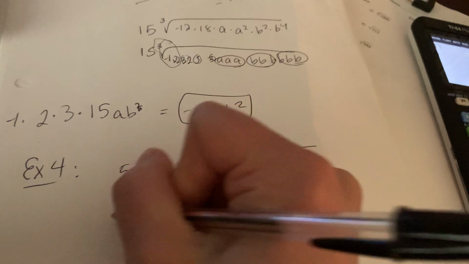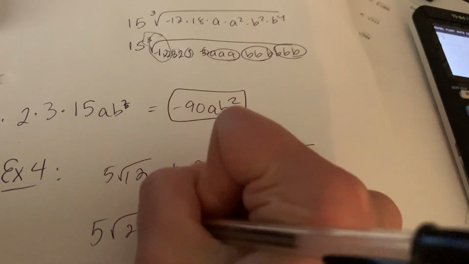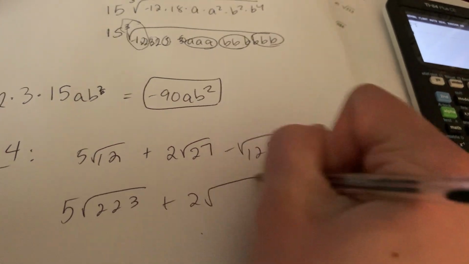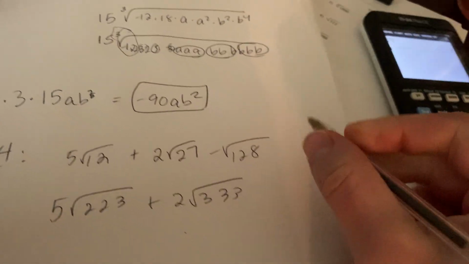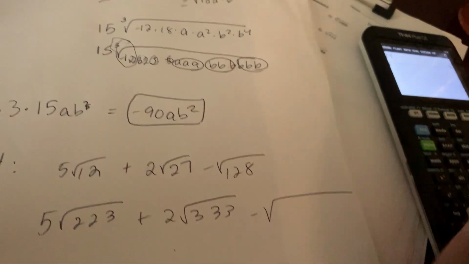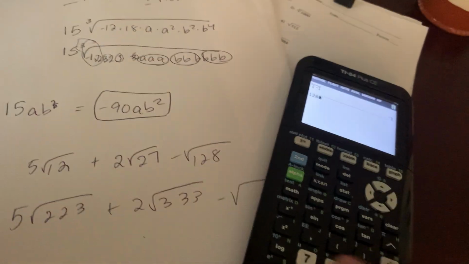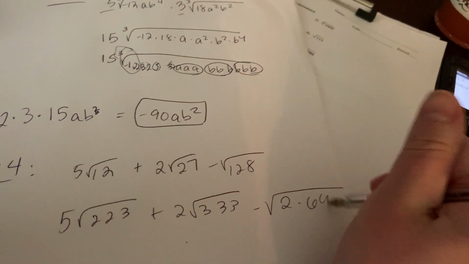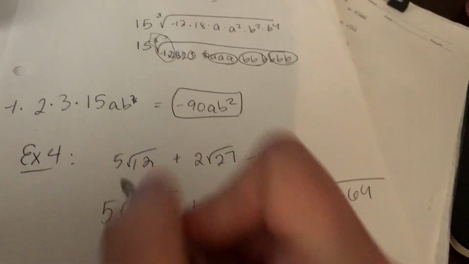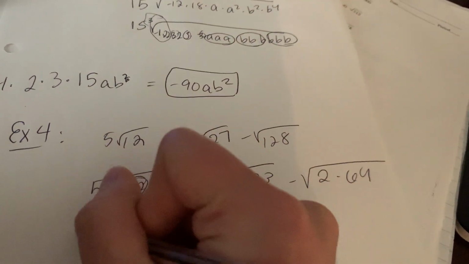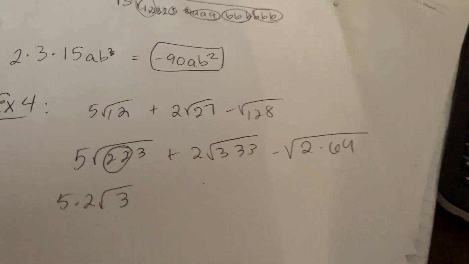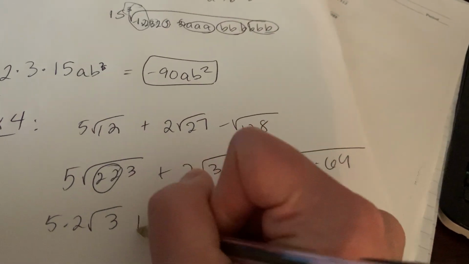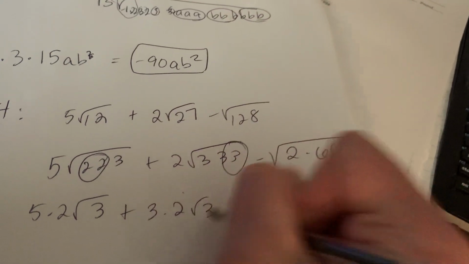Okay, so 5, 2, 2, 3, plus 2, 3, 3, 3, and then 128. Just keep breaking it down. Divided by 2, 64. And I'm just going to leave it as 64. So I take a 2 out. It's going to be 5 times 2 root 3. I'm going to take a 3 out. 3 times 2 root 3.